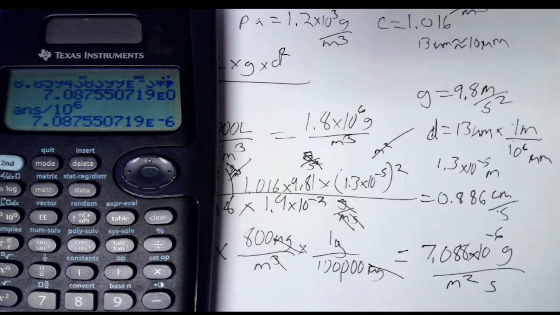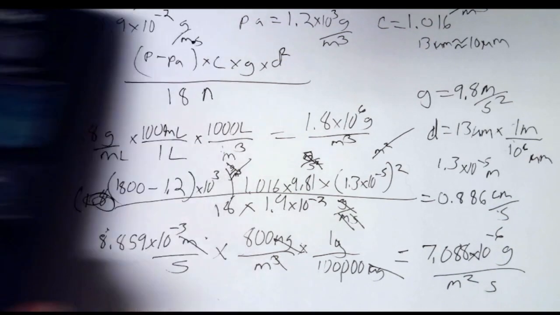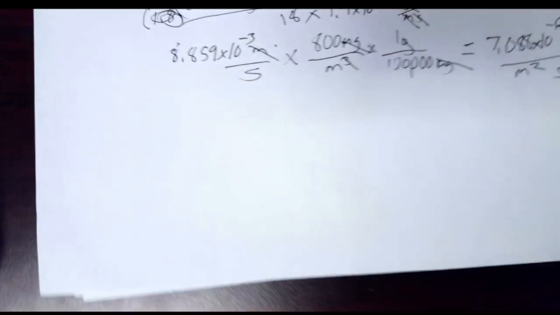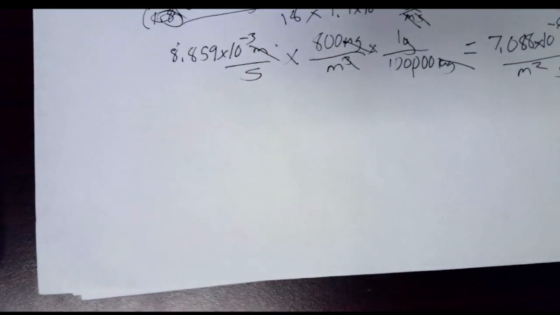That's how much particle weight settles in a meter squared area every second. Very small number, but something we can do. It's an ugly equation, but once you learn how to use it, it's really quite simple.